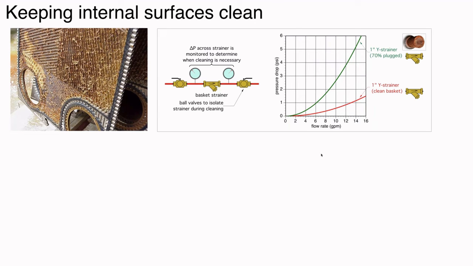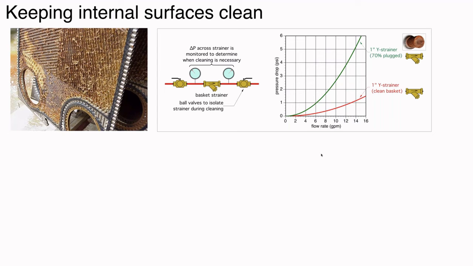Y strainers have to be opened up to clean the basket out. They do impose a pressure drop in the flow stream. You typically know when it's time to clean them by what the pressure differential is. That's going to go up over time. And they also require isolation. So if we're going to pull the basket out of that Y strainer, we've got to isolate it, which means that there can't be flow in that circuit. That may mean the system is shut down.